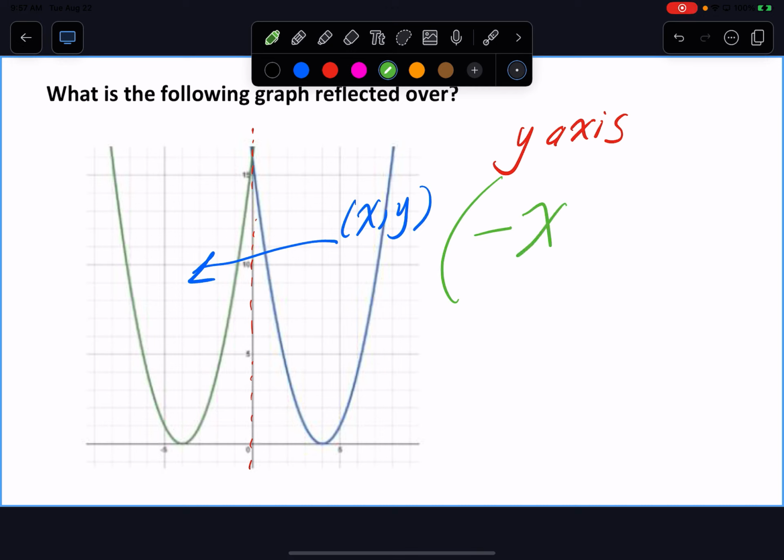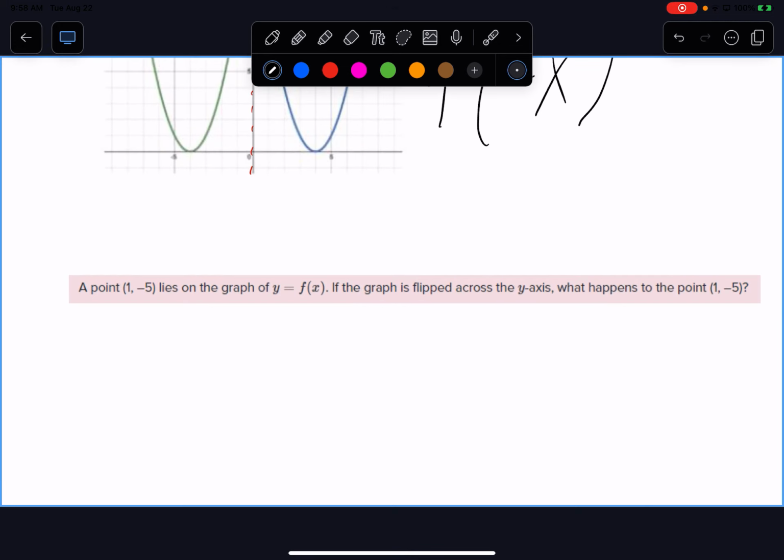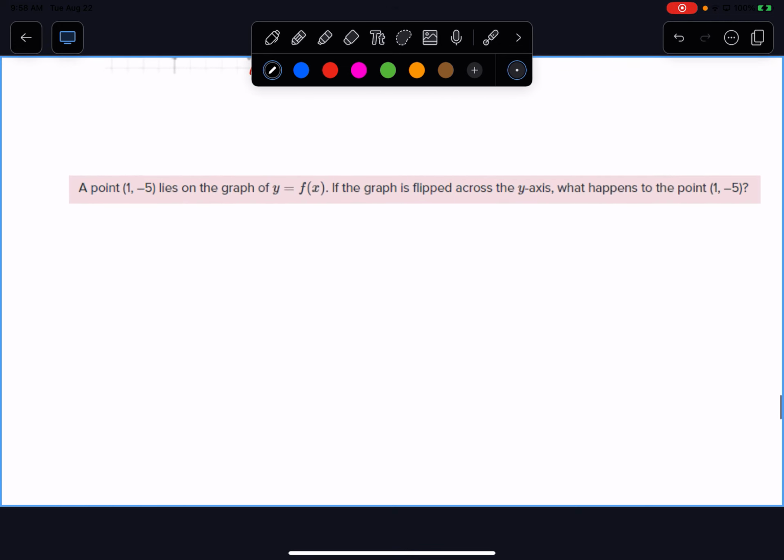Yep, -x: we times our x by -1 and y stays the same. Very good. Now, what if they ask for the f of x answer? This is the memorization answer. When you reflect over the y, where does the negative go? Inside. You'd say f of -x. Okay, good, good, good.